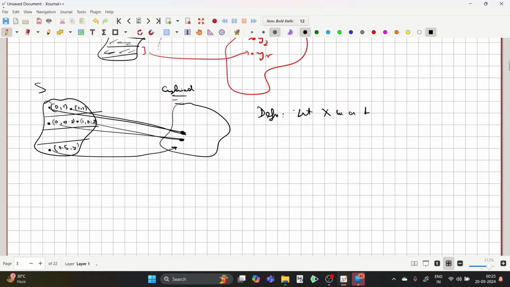Let X be a topological space. The identification space of X is a space.